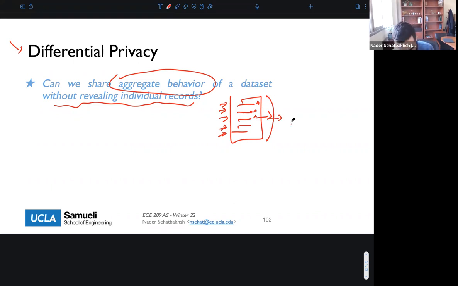For example, we want to measure the mean of this data set, or the variance, or any other statistical behavior of a data set. So instead of actually publishing the raw data set and saying, okay, go and calculate the mean or the variance and so on, what we do is add some sort of noise to this data set and publish this noisy version.